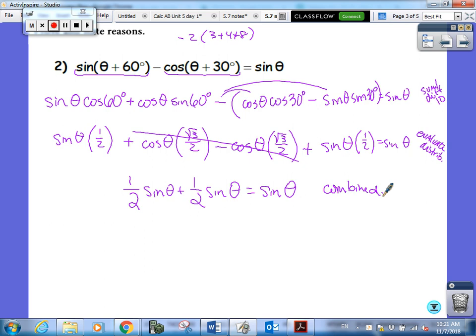Combine, add, subtract are all interchangeable because subtracting is just adding a negative. Adding, subtracting, combine, all those words are interchangeable in my world. Now, if I have half of something plus half of something, that's a whole something. So sine theta equals sine theta. Again, add or combine. All I did was add. Add like terms. Those were like terms. I added them together. A half plus a half is a whole.